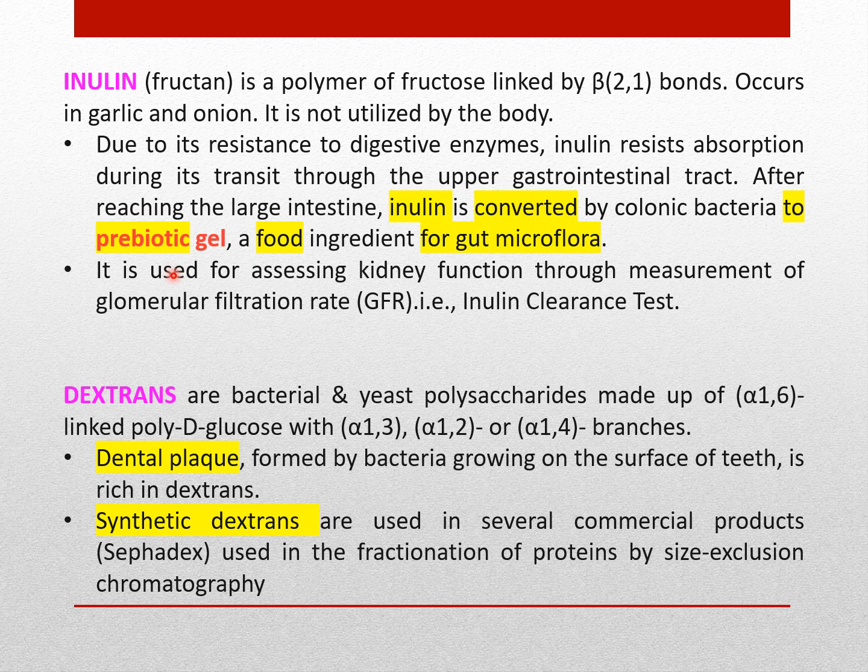If you consume onion and garlic in your diet, you are actually giving good food that it can be converted into, and therefore your gut microflora can flourish.